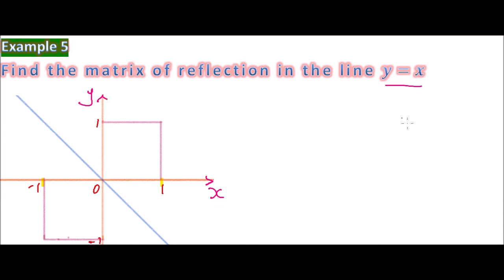Now, because our transformation is a reflection in the line y equals x, this is where we can put our I. This is our K. That is our J. Of course, this is the line y equals x. If you reflect this I, the image of I will be here.